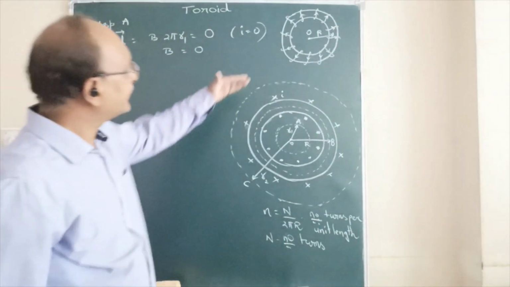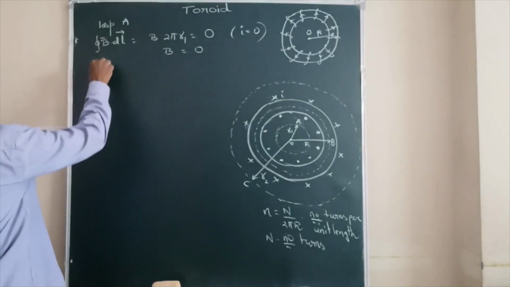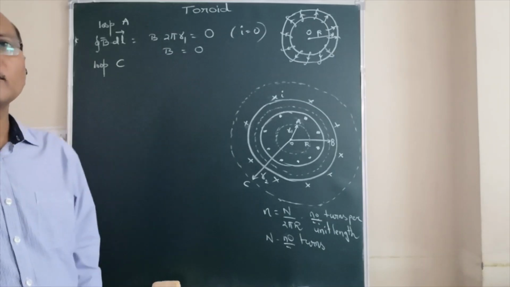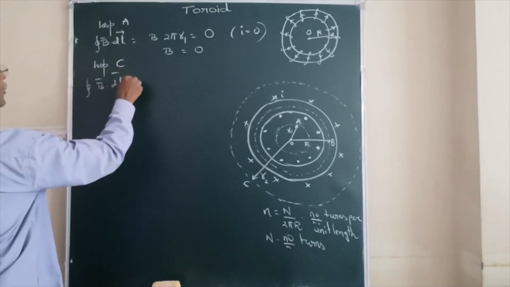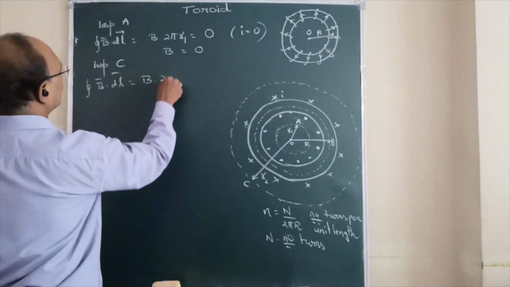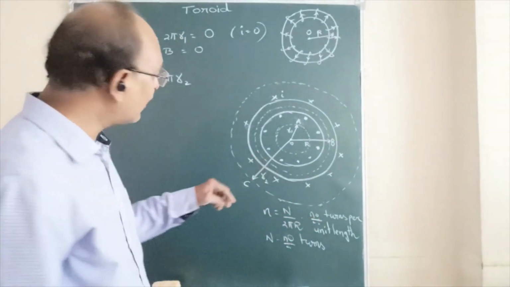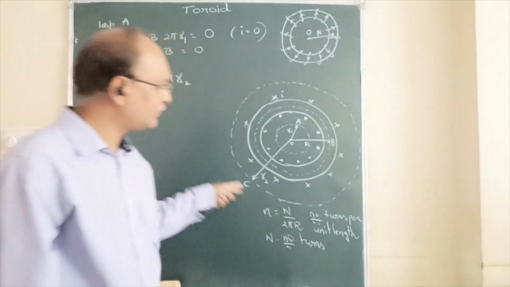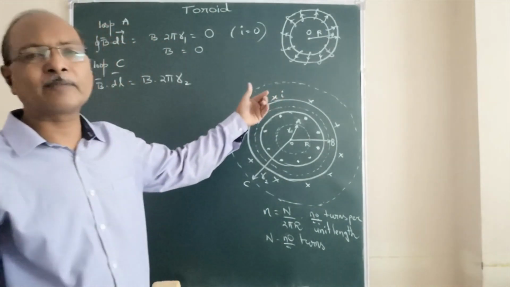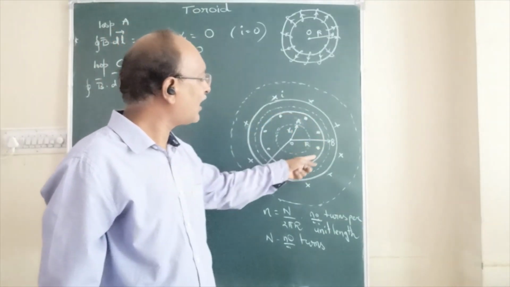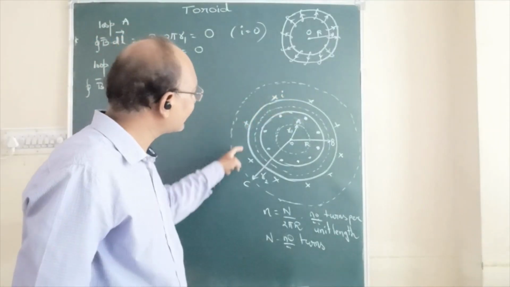Now, take the outer loop. So here for the loop C, the integration of B dot dl is equal to B into 2 pi R2. Now here, this is the outer loop. It is enclosing these currents. Here what we observe is that all these currents are coming out, and all these currents are entering.